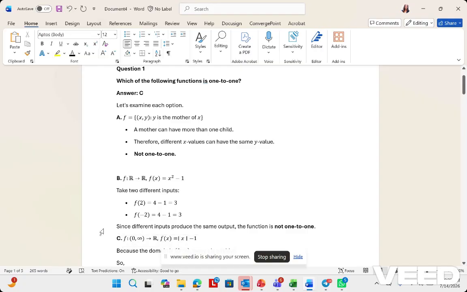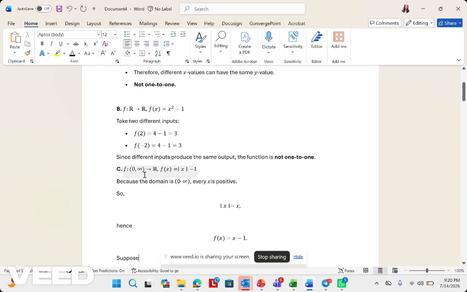ከዛ when we see c, ፋንክሽኑ ከዜሮ እስከ ኢንፊኒቲ ነው። ይሄ ሬንጅ ባይኖር ኖሮ, ይሄ ከዚህ ብቻ ነው ባይለን ኖሮ, if it included negative numbers ይሄ ፋንክሽን one to many ይሆን ነበረ። ግን ፖዚቲቭ ነምበር ብቻ ነው የምንከተው because our function starts from 0 to infinity.